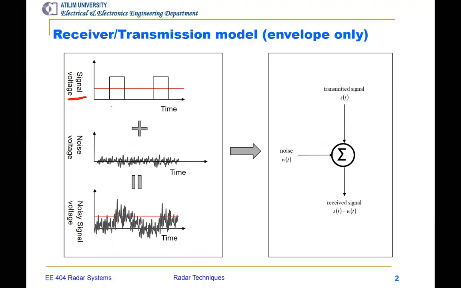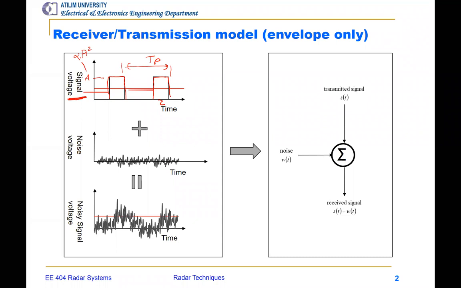This is an illustration, the simplest signal model. You may simply consider this as a radar pulse, and it repeats itself at every TP. Its duration is tau. It has a voltage value A, let's say, so its peak power is proportional to A squared.